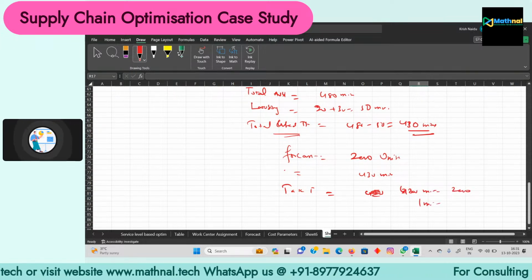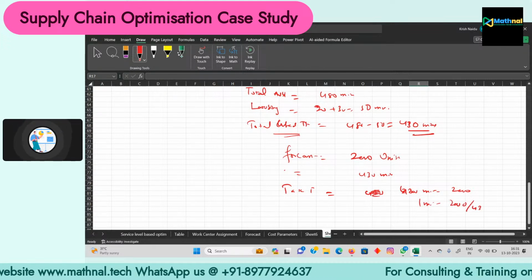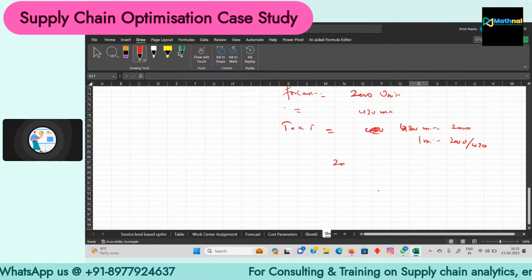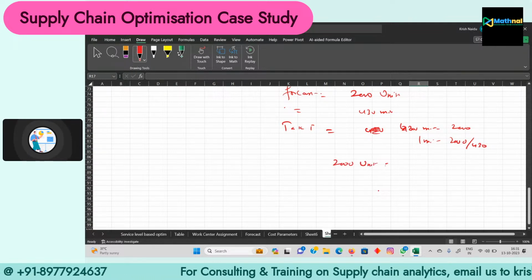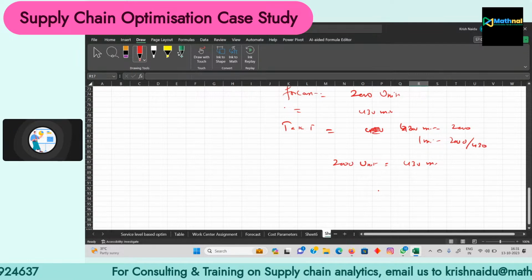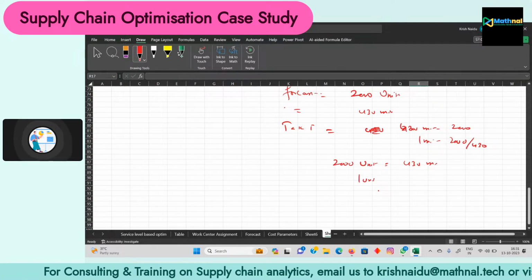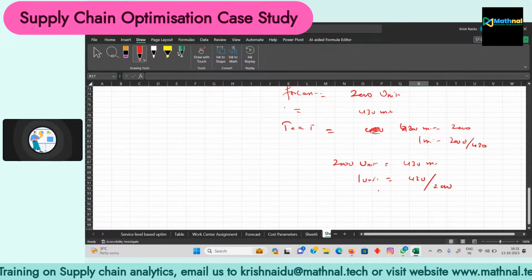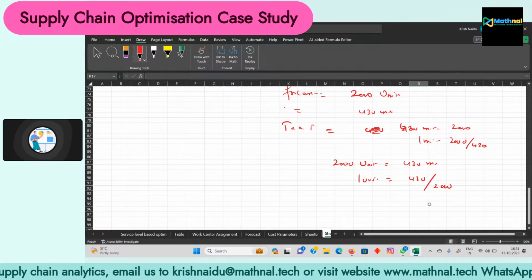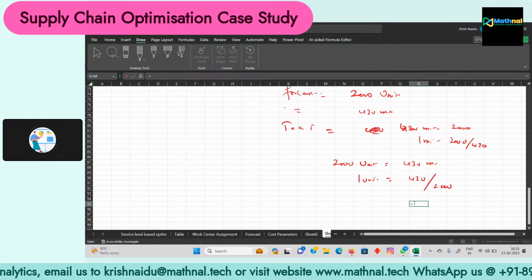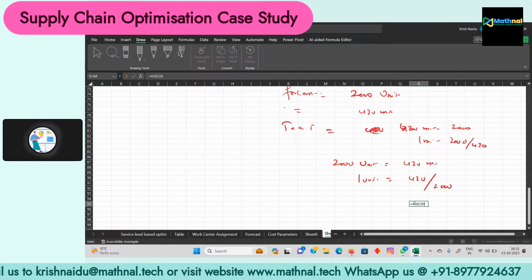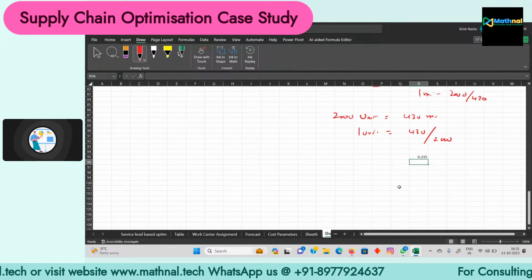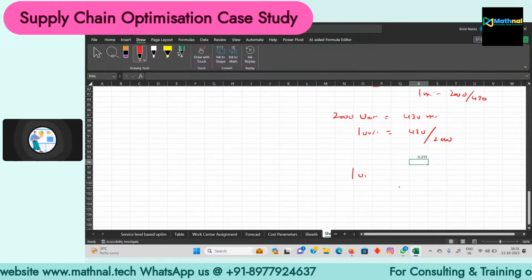Put another way, we have 2000 units which need to be produced in 430 minutes, so one unit has to be produced in 430 by 2000 minutes.